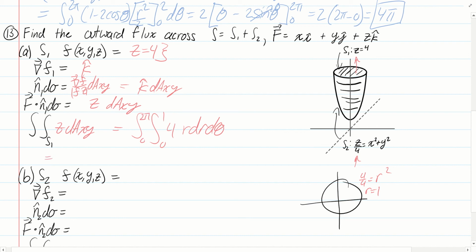Integrate, and it becomes 4 over 2 r squared d theta. This is from 0 to 1, which is just 1. So we have it equals 2. Integrate, we have 2 theta, 0 to 2 pi, which then equals 4 pi.